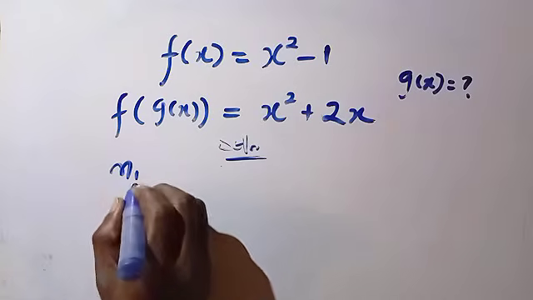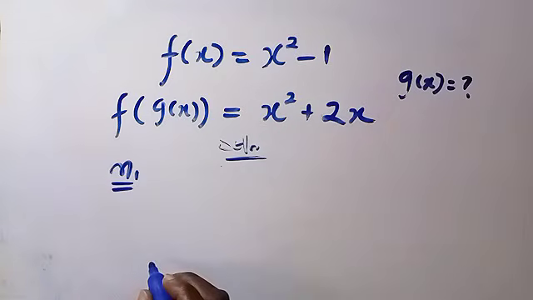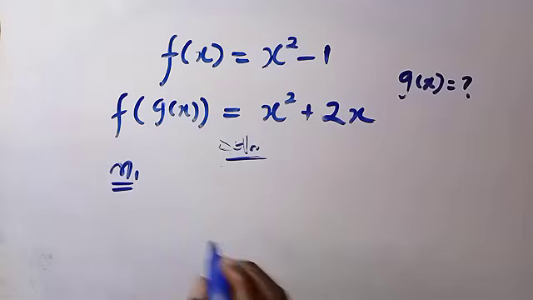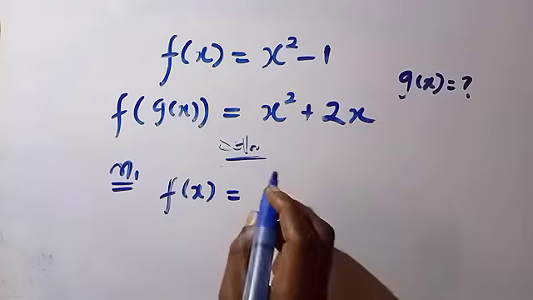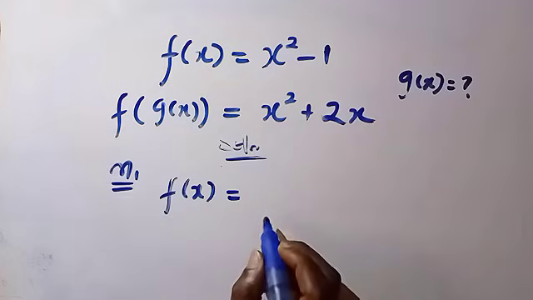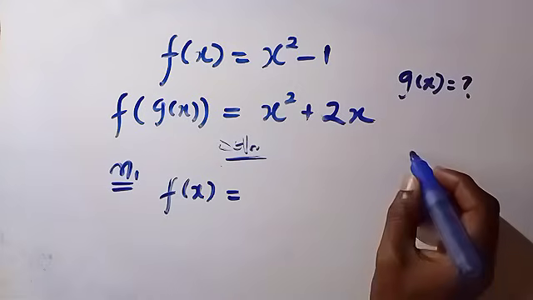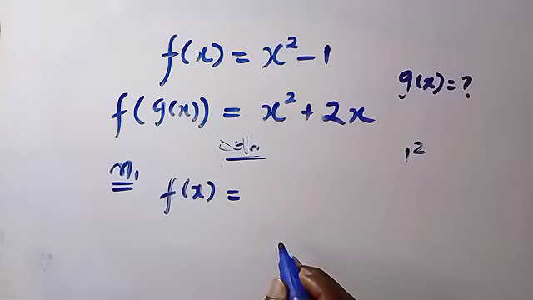let's say here is the first method. I want to be applying a factorization method. Suppose I factor the two. For the first, f of x, since it's a difference of squares, x squared, and I can have 1 also as 1 squared.